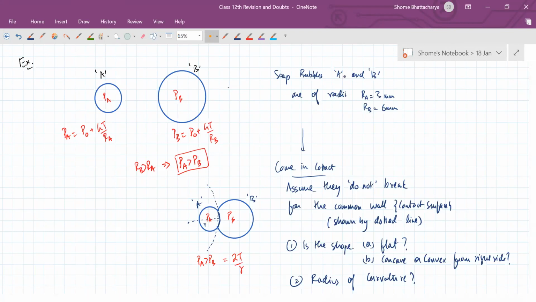Sorry, 40. My mistake. Yeah, this is also 40. That's correct, Samudhi. This should also be 40, because you still have air inside and just a double walled film of liquid.